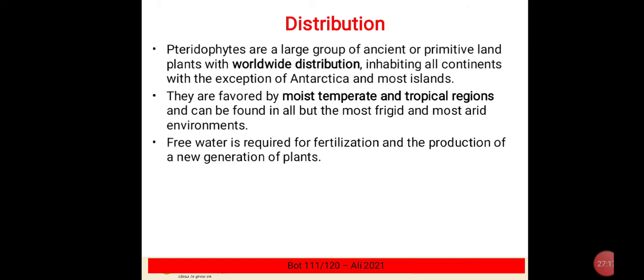Okay. Now, as I said earlier, fertilization is also required. Fertilization is whereby the gametophyte generation releases the male and female gametes, and for these gametes to fuse, fertilization requires water.